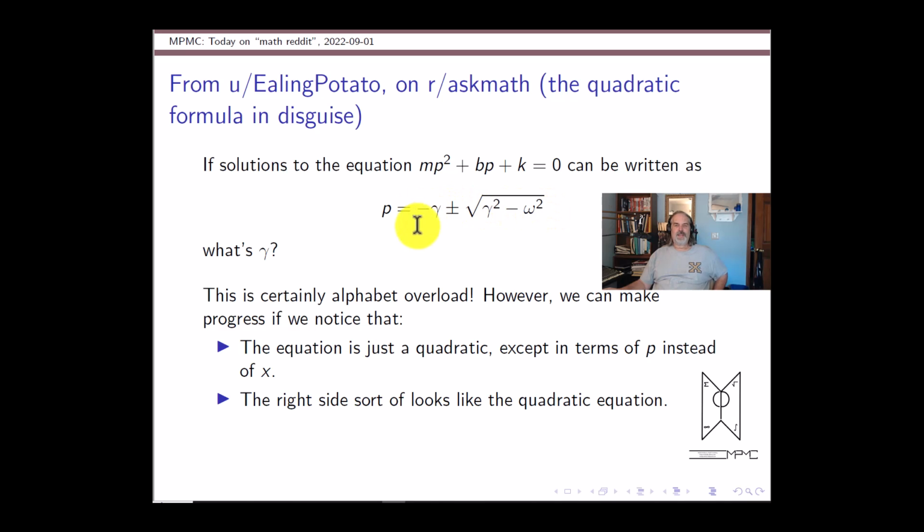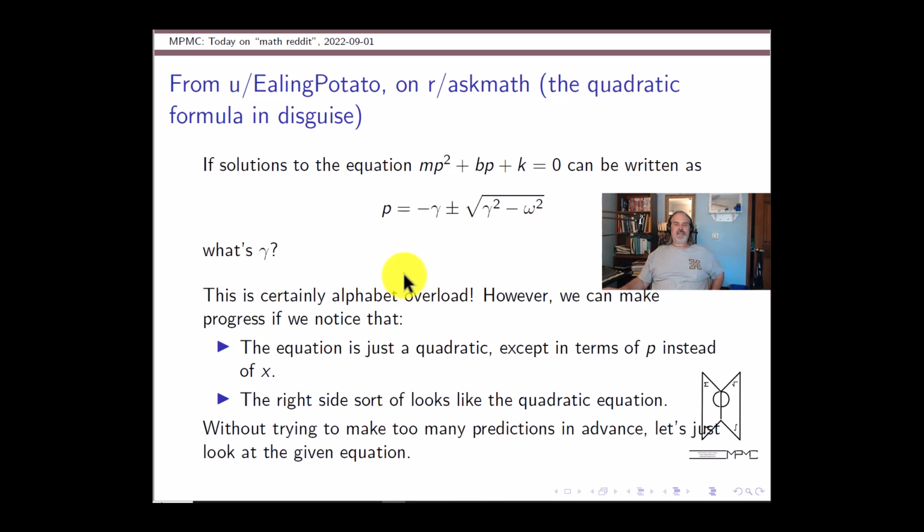Remember, negative b plus or minus the square root of b squared minus 4ac all over stuff. It is reminiscent of the quadratic formula, and since we're looking for solutions to this equation, it shouldn't be a surprise that the candidates look like something that would come out of the quadratic formula. So we just have to get those two things to work together.